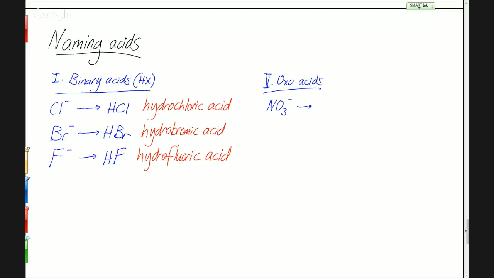So NO3 minus, what's that ion? Nitrate? Yep. So its acid would be HNO3. And with these kinds of acids, for whatever reason, we don't put the hydro first. So this becomes nitric acid.